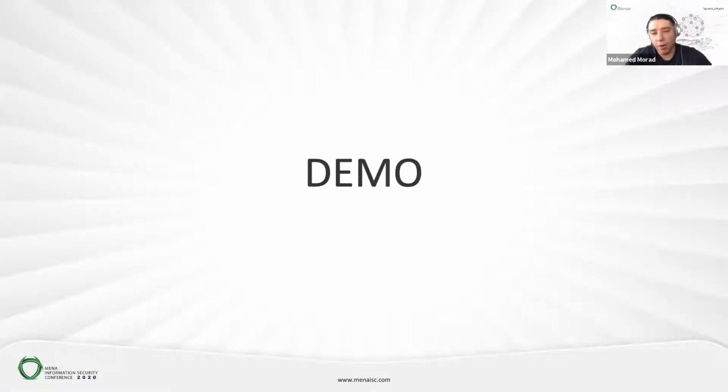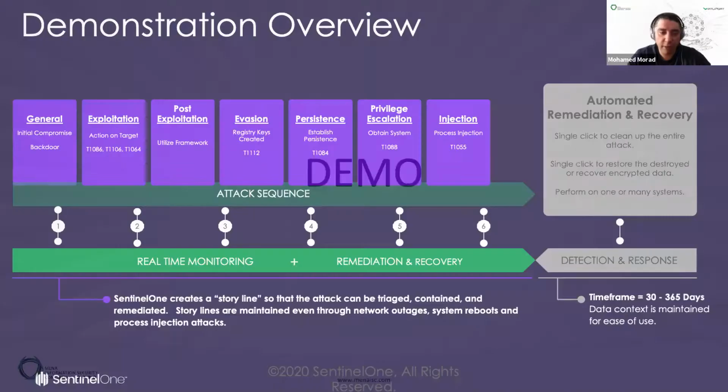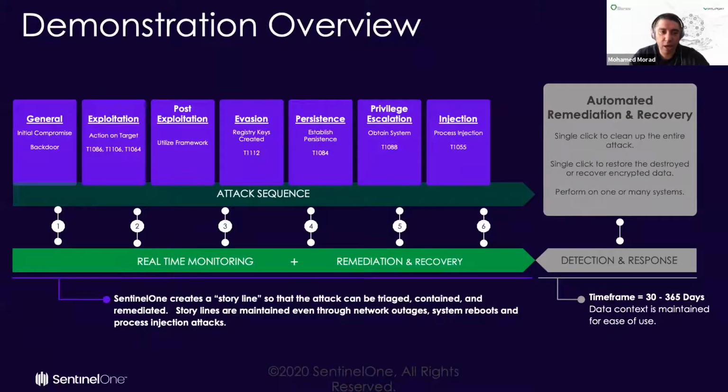Okay, so now we are going to present our solution in a demo. Here I'm going to demonstrate how the product works in a simulated APT type of attack, and that will be APT 29.